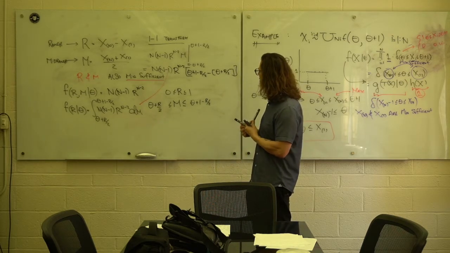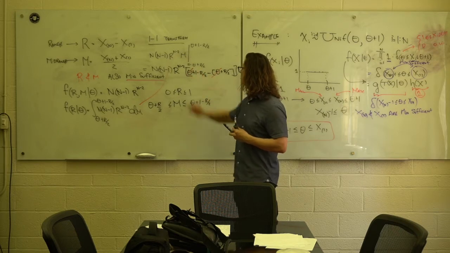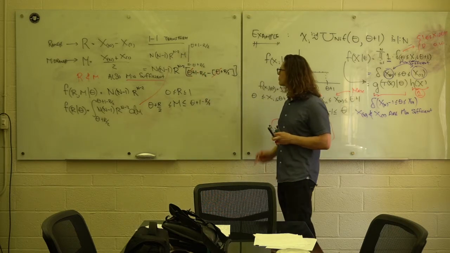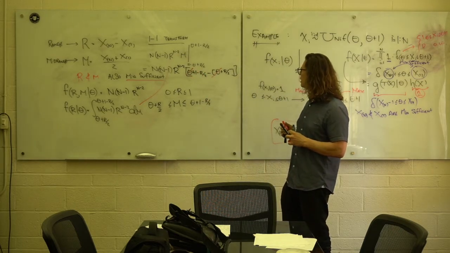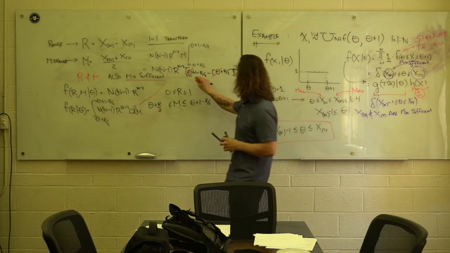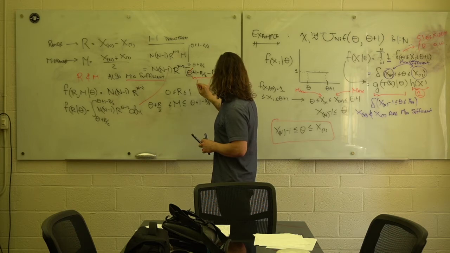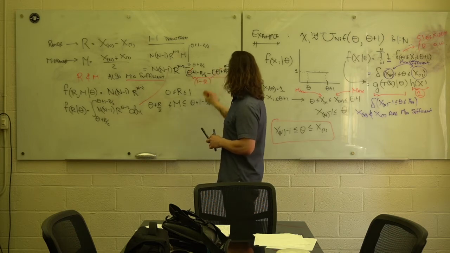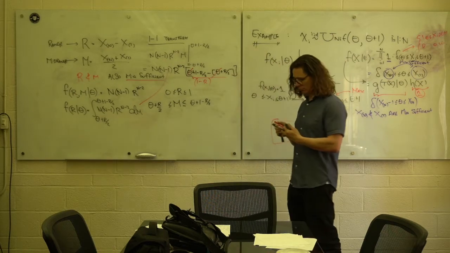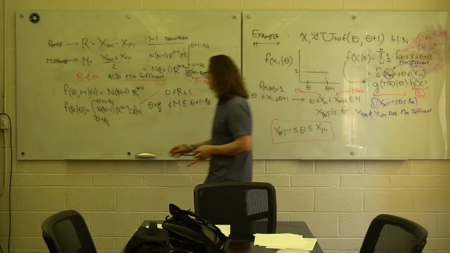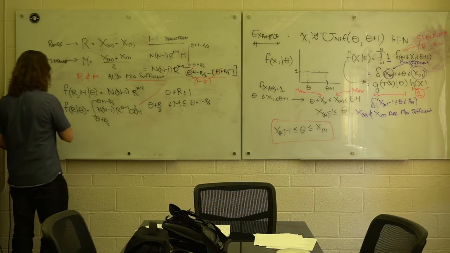Here's the fun part. The thetas cancel. So I'll let you work out the rest. This thing is going to be 1 minus r. So we can write down what this distribution is in its totality.